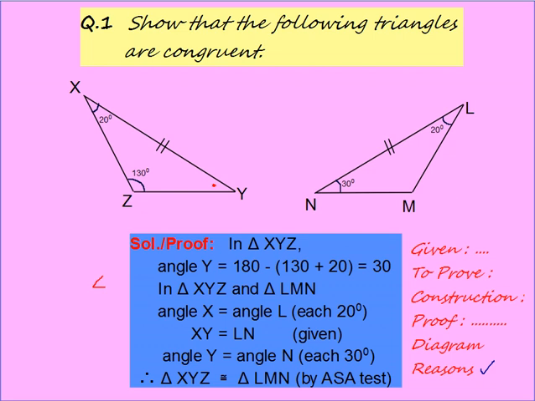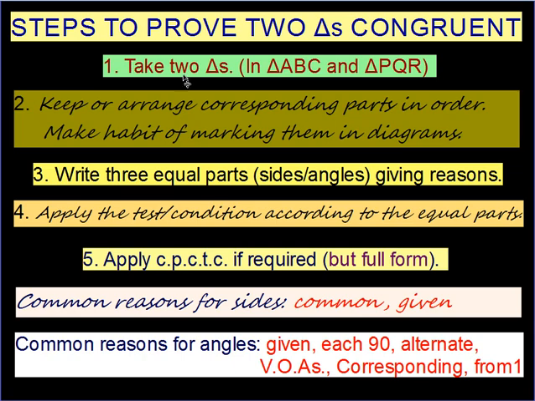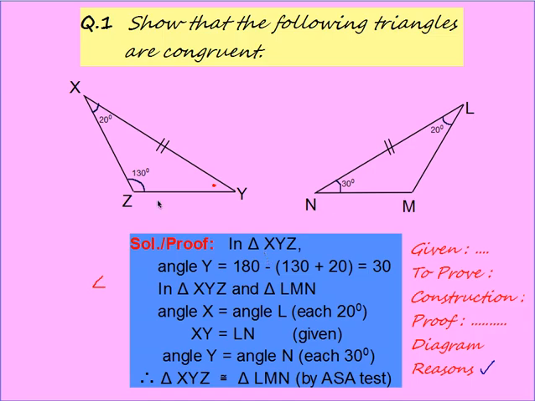Now when I am solving this, take 2 triangles as our first step. Because this is my first question, take 2 triangles. So we have taken 2. Then arrange the corresponding parts in order. So we have arranged them already.